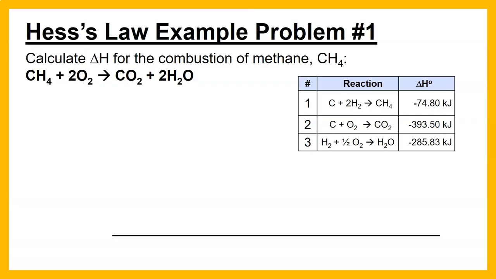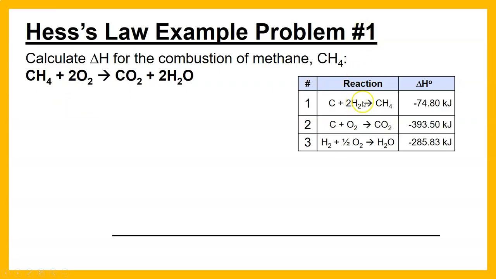So, step 1 of this process is we're going to try to build this overall equation by adding up these equations. These are baby steps that we know the answers to, to find the big equation we don't know the answer to. So step 1, we need the methane on the left side. It needs to be a reactant.